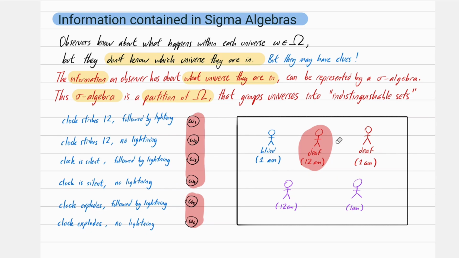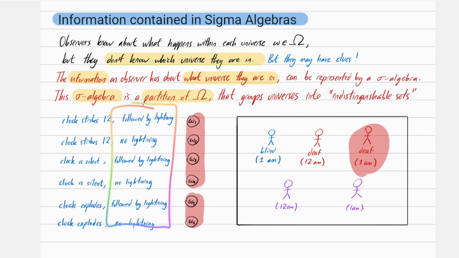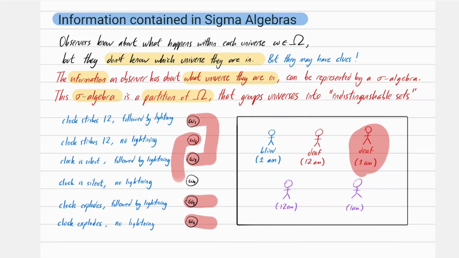Moving on to the deaf man at 1 AM, this deaf man has now obtained the information due to the presence or the absence of lightning, and therefore he is able to further divide up this partition into smaller indistinguishable sets. So now this deaf man can distinguish between universes where lightning happens and where no lightning happens, and therefore he can break this set up into these 2 pieces, and furthermore he can break this entire set of 4 into these 2 pieces.